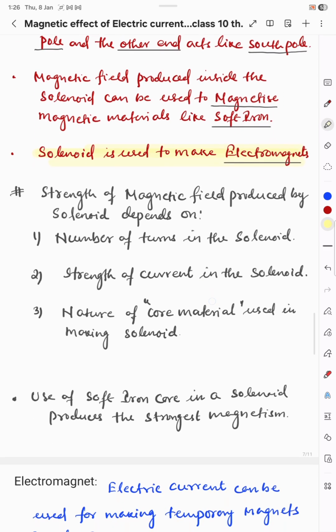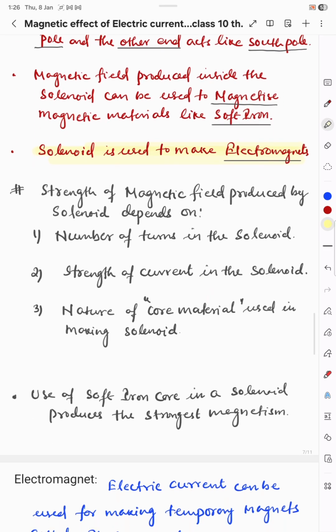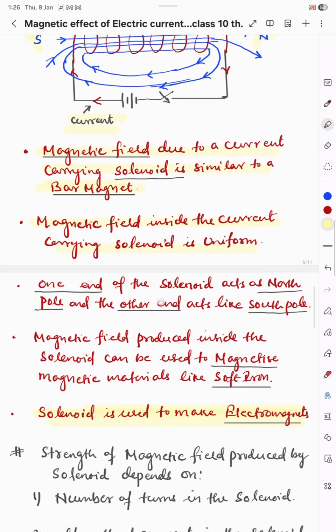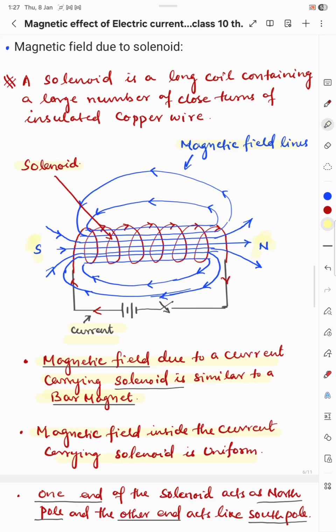So when we use a soft iron core in a solenoid, it produces the strongest magnetism. That means if we put a soft iron core inside this coil of the solenoid, it produces a very strong magnet or electromagnet. So now you can see from this diagram, the strength of the magnetic field is very strong at the core of the solenoid, at the central part of the solenoid.